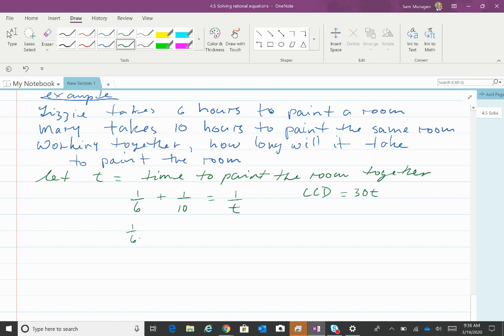So 1/6 times 30t, plus 1/10 times 30t, equals 1/t times 30t. 6 goes into 30 5 times, 10 goes into 30 3 times, and t cancels out with t. So 5t plus 3t is equal to 30.